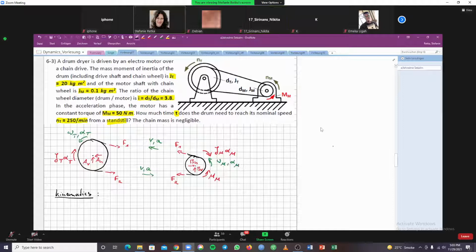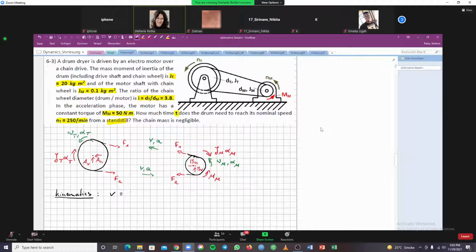Okay, kinematics. We do have to find a relation between our left and our right subsystem. So our kinematic variables are either distance, velocity, or acceleration. So maybe we could state it for velocities here. The velocity of the chain drive, V, is equal to the angular velocity of the motor and the drum.